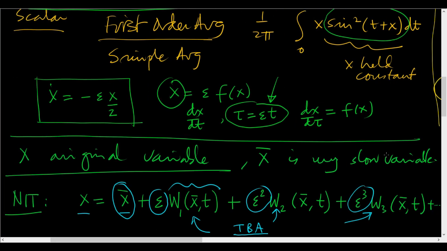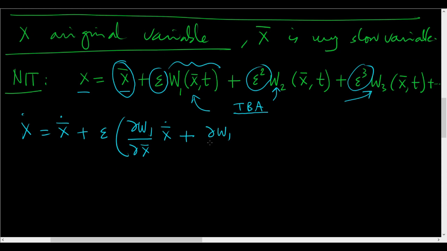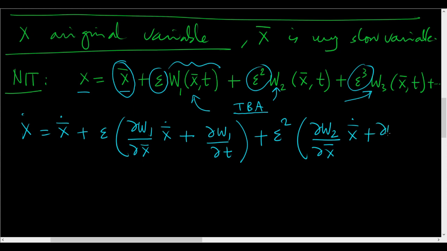I think I need to scroll down a bit more. So the game proceeds like this. X dot is equal to x bar dot plus epsilon del W1 del x bar dot plus del W1 del t plus epsilon squared del W2 del x bar dot plus del W2 del t plus dot dot dot.